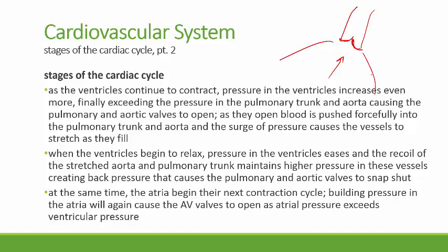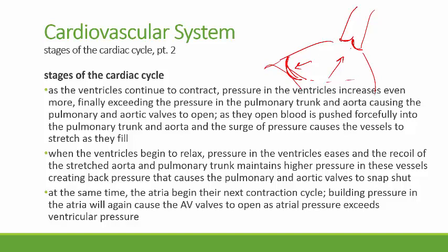So as pressure in the ventricles increases, and remember it's closing off the AV valves, keeping them closed, now note the orientation of the cusps of the aortic valve, and it's the same for the pulmonary semilunar valve.